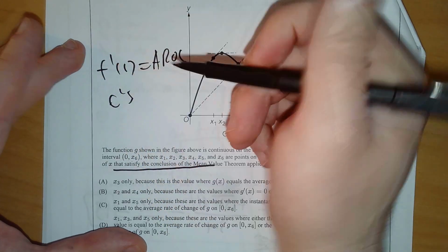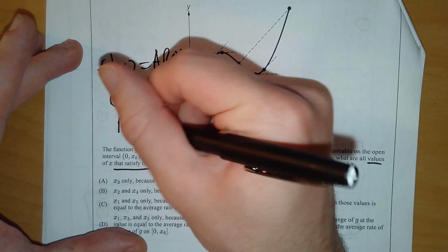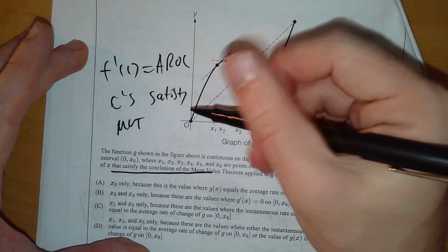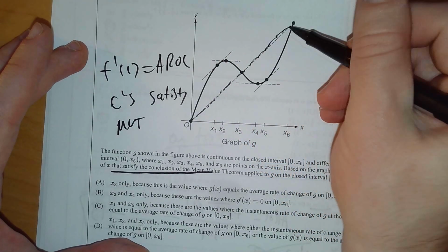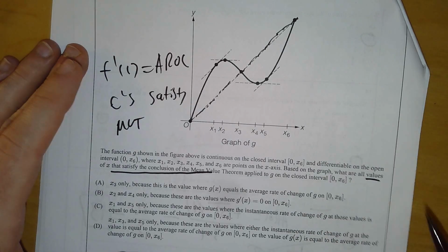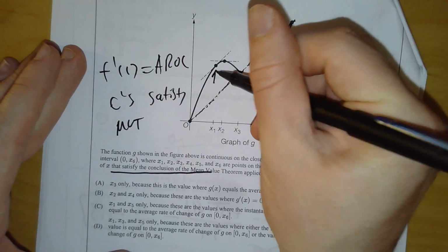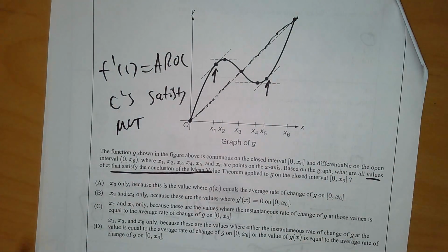The c's satisfy the MVT, right? That's what we're looking for. So the AROC from 0 to x6 is this slope right here. Essentially it's asking which points have slopes that are equal to the AROC. And if you look here, see x1, same slope, and x5, same slope. Let me highlight that.